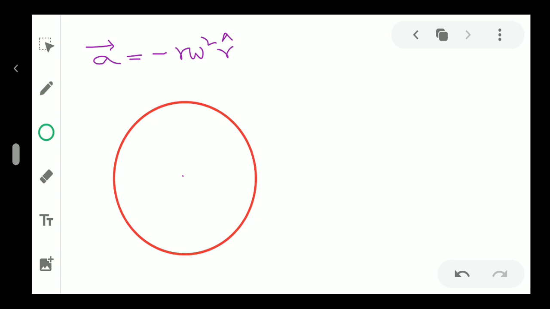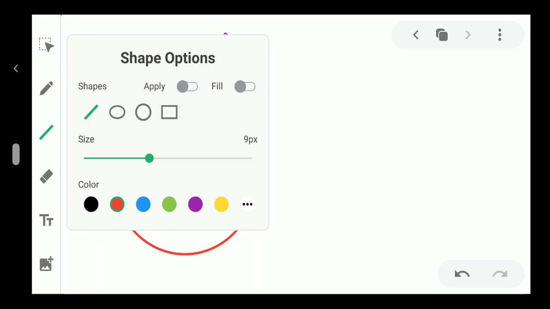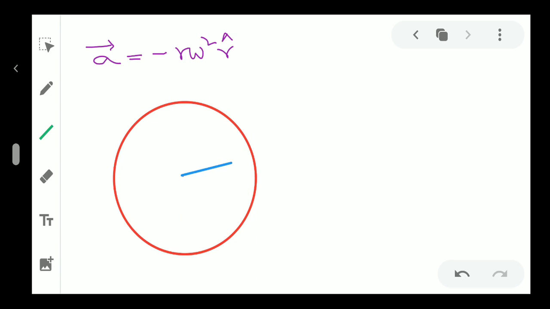So the direction of my acceleration is important here. You can see that the direction of acceleration is always negative, that is, opposite to r. So if this is my direction of r, this is the direction of the r cap vector, right?